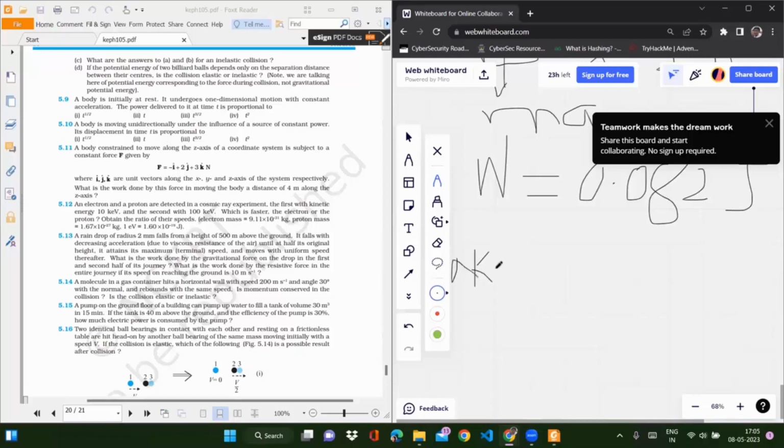So delta K will be the final kinetic energy minus the initial, which is zero, and the final will be half mv square, where v is 10 meters per second on the ground. You can calculate half mv square, which is the change in kinetic energy, and this comes out to be 1.675 into 10 to the power minus 3 joules.